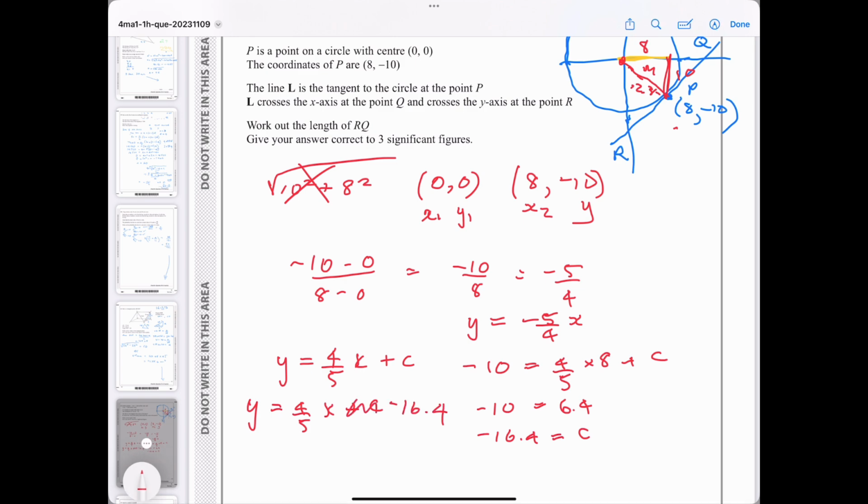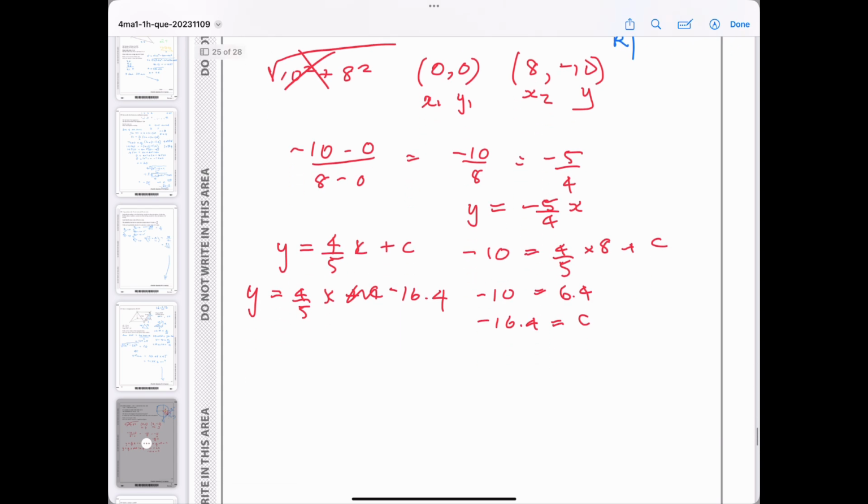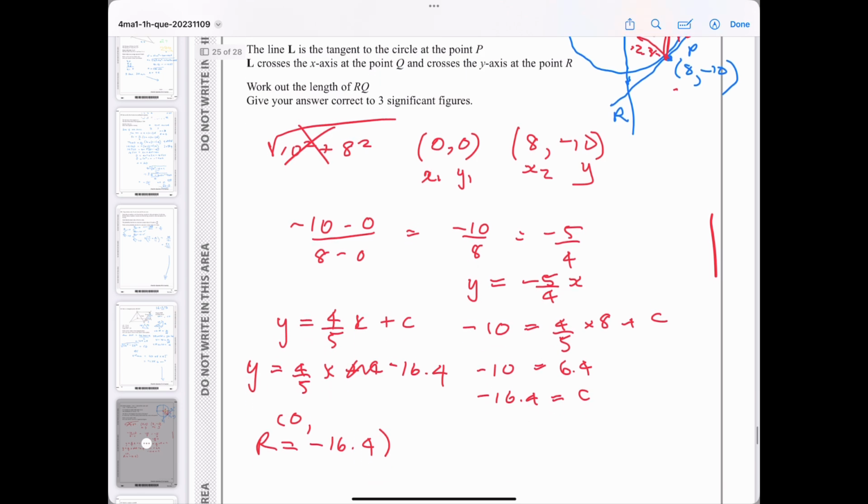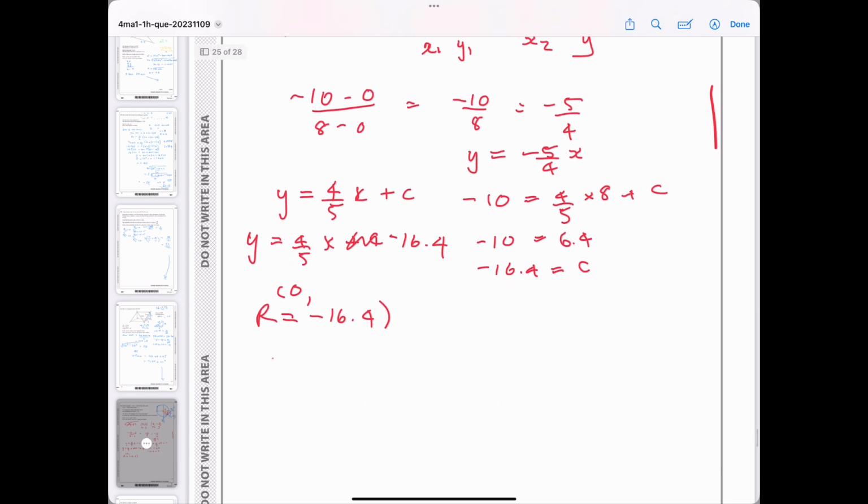So we know that R equals 0, minus 16.4, when x equals 0. And when y equals 0, we get 16.4 equals 4/5 x.